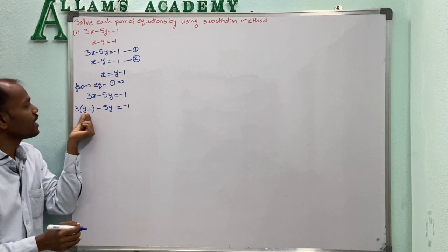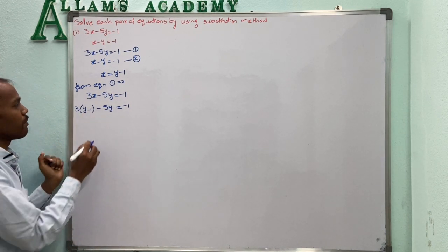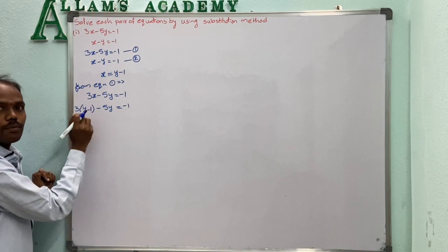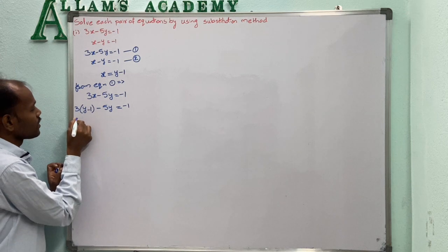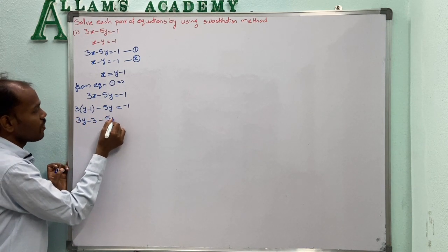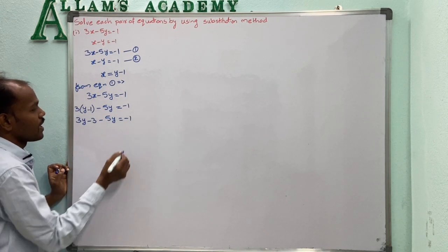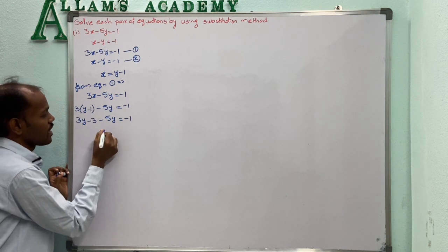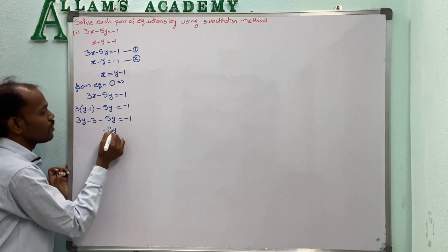Now 3 is multiplying with y minus 1. So 3 into y is 3y, and 3 into minus 1 is minus 3. That gives 3y minus 3 minus 5y equal to minus 1. 3y minus 5y is minus 2y.